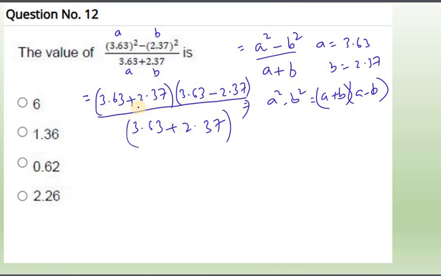Now if you see the denominator, this part 3.63 plus 2.37 cancels with this one.